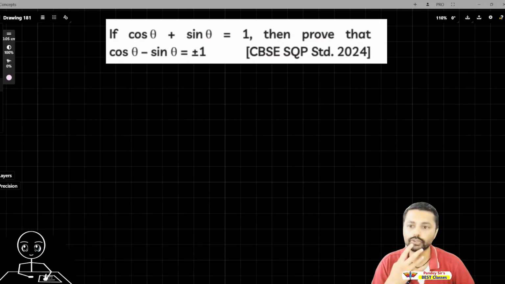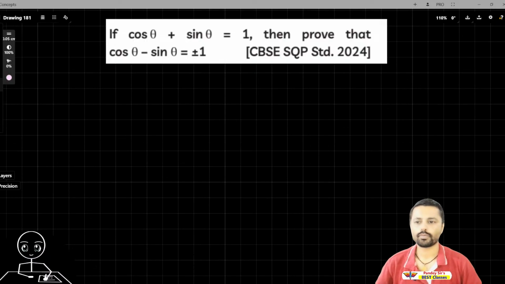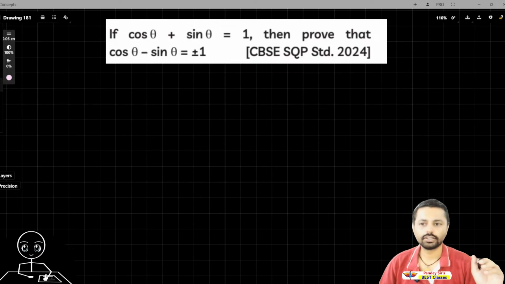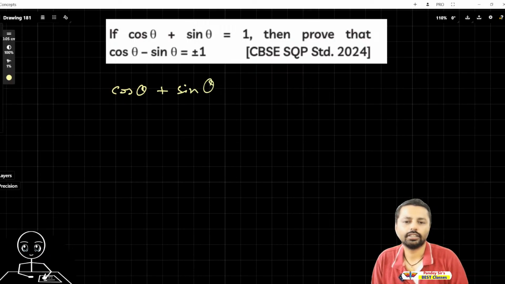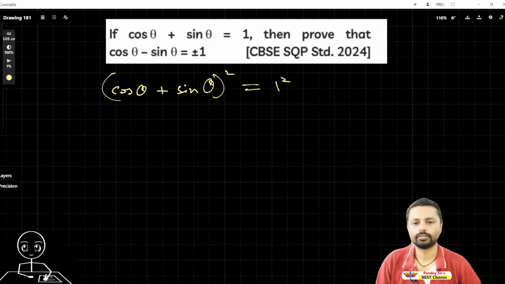What if we square both sides, sin square theta plus cos square theta? Let's write cos theta plus sin theta whole square equal to 1 square.